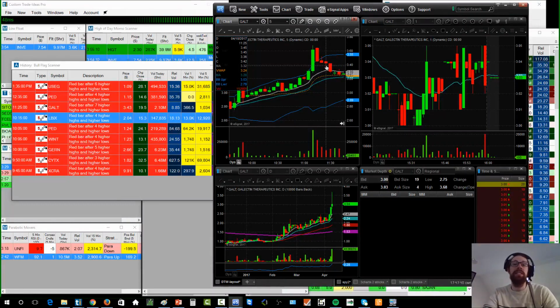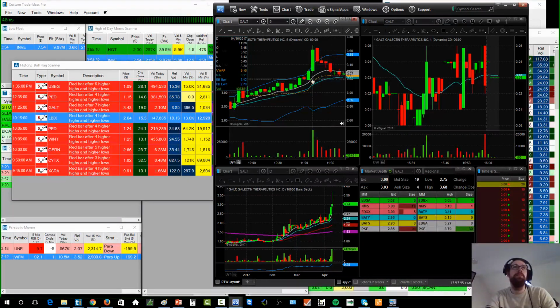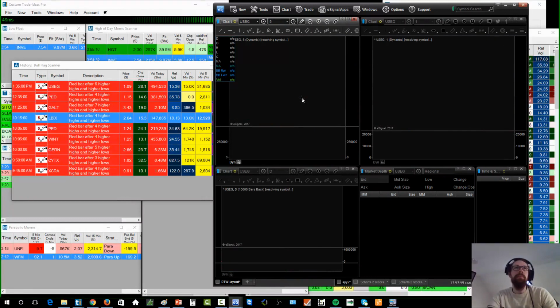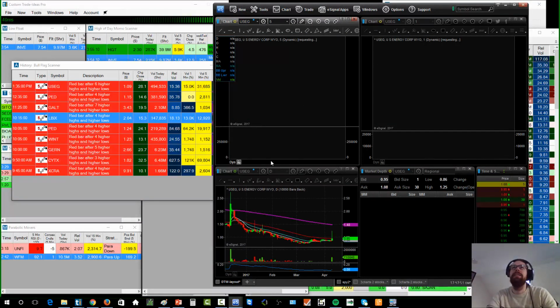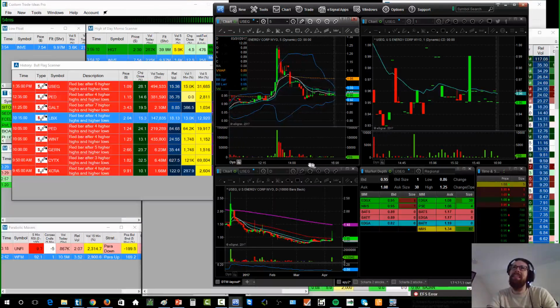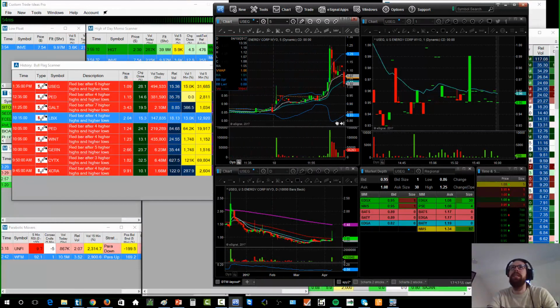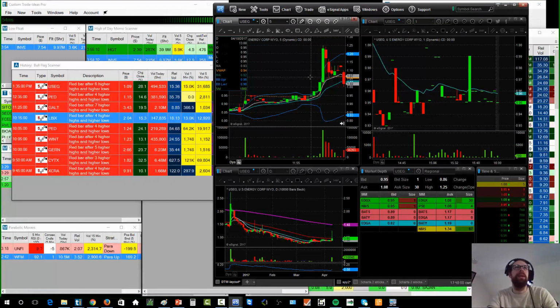I wouldn't have gotten in because I would have been waiting for the first 5-minute candle to make a new high. So that's a good idea, worth looking at. USEG at 135. That one, not as pretty, but again, I wouldn't have been trading at 135, so that's okay.